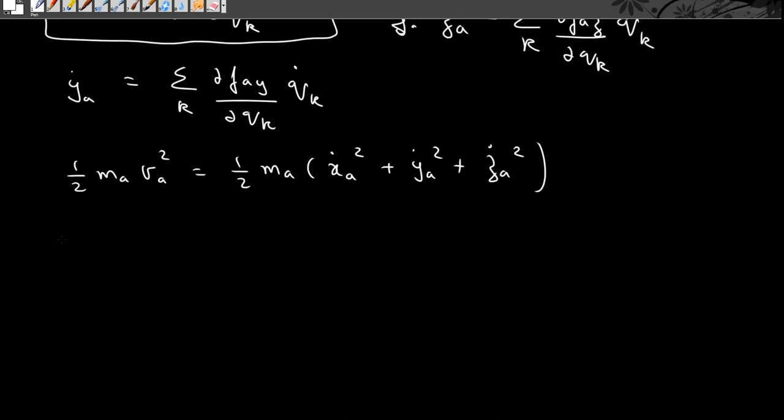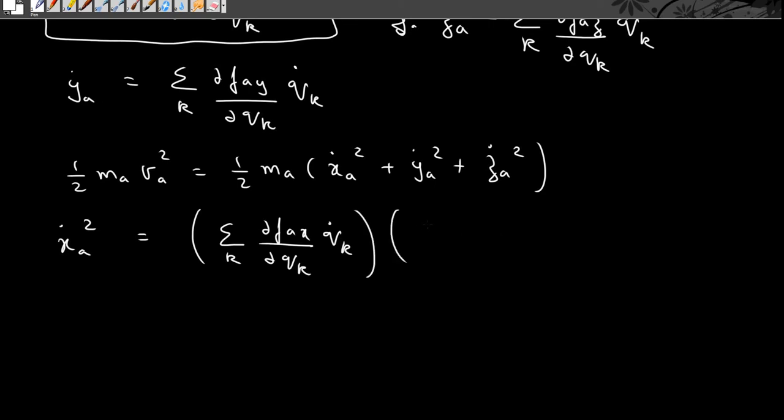So if you consider x_a dot squared, this will be the summation over k of dou f_ax by dou qk into qk dot, times a summation over some other variable i of dou f_ax by dou qi into qi dot. Now these two are the same thing, so just to avoid confusion, I am going to denote the summations over two different variables, k and i.